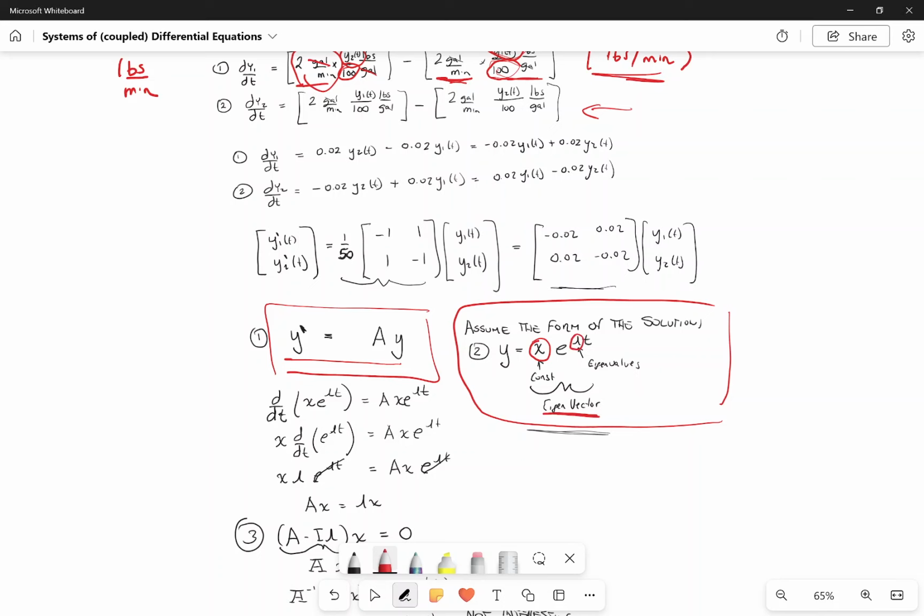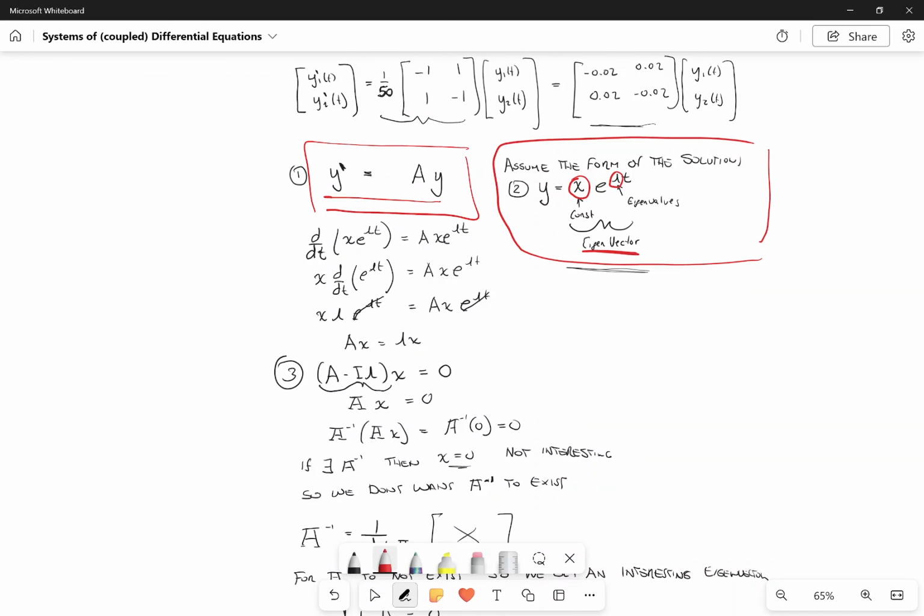What we need is x, because x times e to the lambda t is the entire solution. So we assume the form of the solution, that's equation 2, and we substitute it into equation 1. What that leads us to, 1 leads to 3, is basically the same equation.